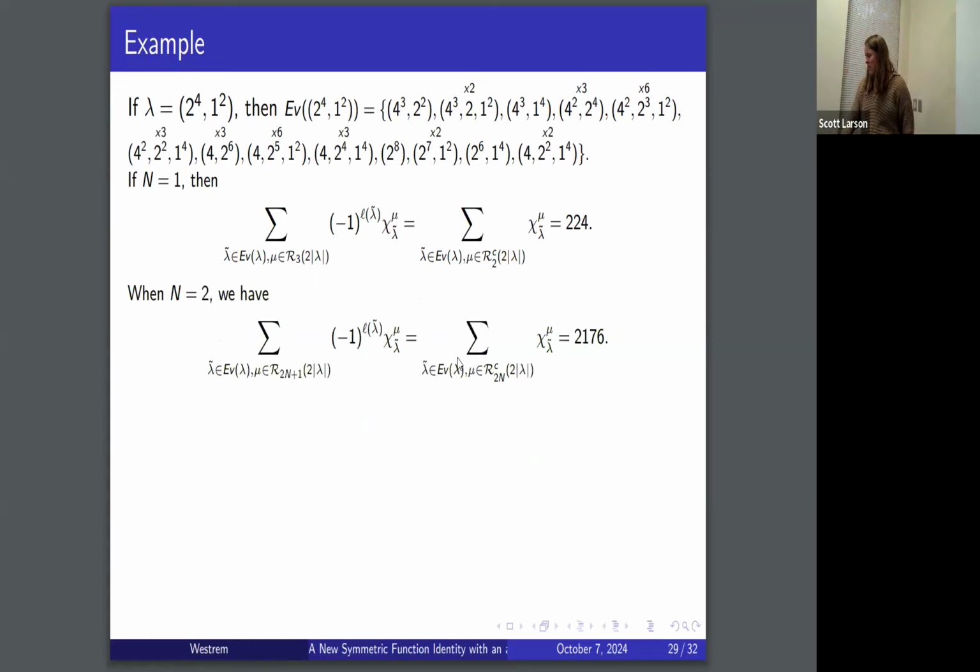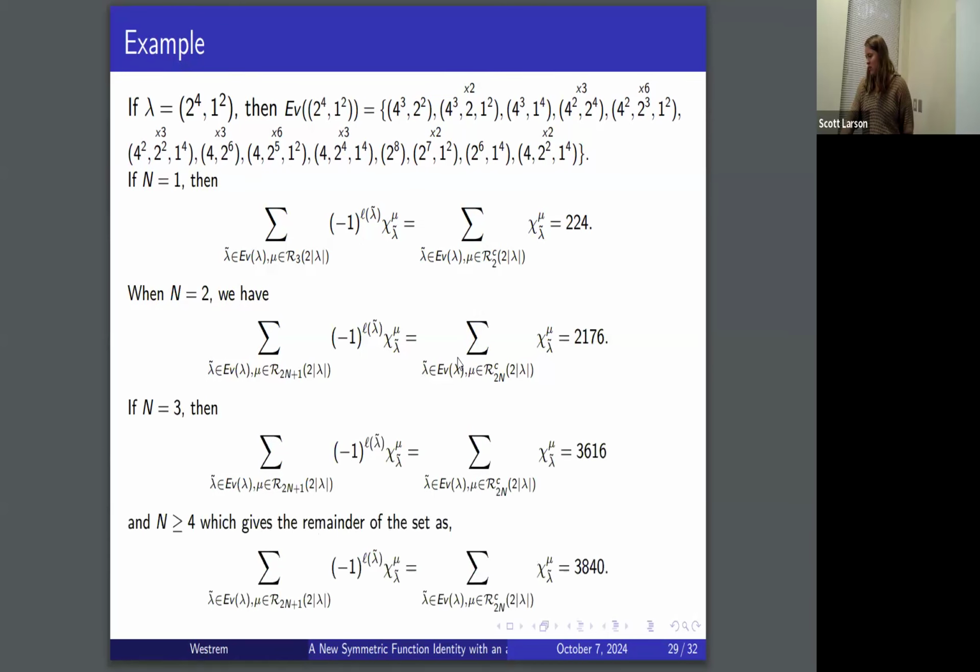N equals 2, we go up to 2,176, and so on. And then if n is greater than or equal to 4, we get the remainder of the partitions. So the part sizes are small enough where we capture everything at that point. But still not clear, even with that sign cancellation, how these two sets are equal.